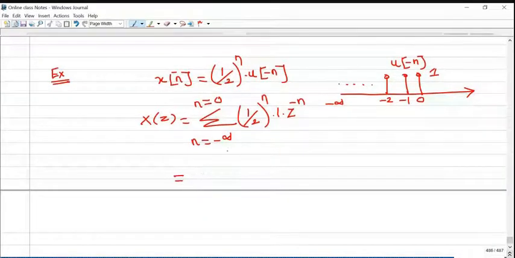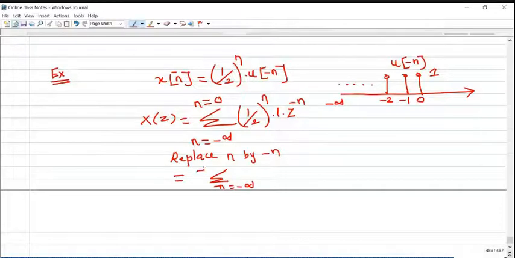Next, minus infinite to 0. I need 0 to infinite actually. So can we replace n by minus n in the first step? So that minus n equal to minus infinite, minus n equal to 0, (1/2) power minus n, z power n.